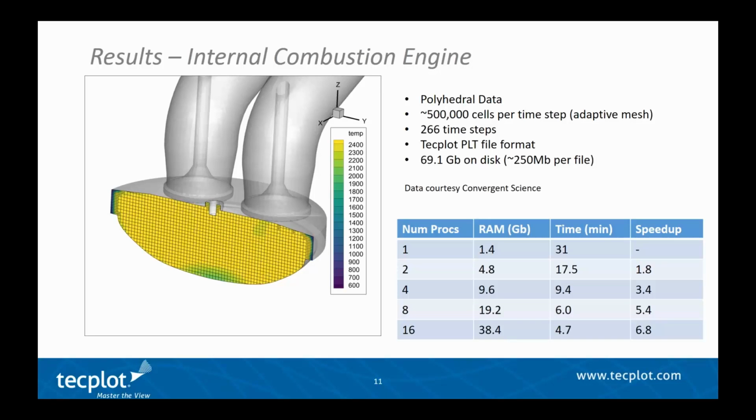And you can see that with 1 core, we were at about 31 minutes, and at 16 cores, we got it down to about 5 minutes. So I like to say that you can get your work done during your coffee break now instead of your lunch break using this technique. So we had about 7x speed up. You do see that the RAM does creep up quite a bit, and this is because we are loading many of these simultaneously. So you do have to be aware of the RAM limits on your machine.